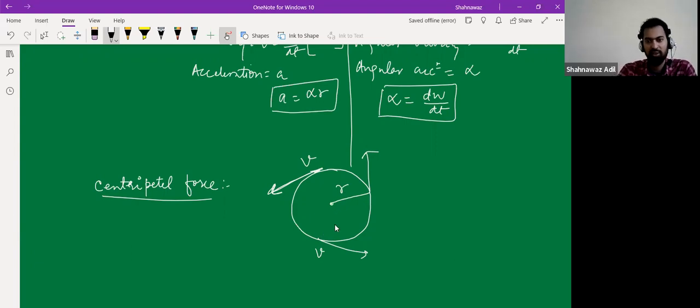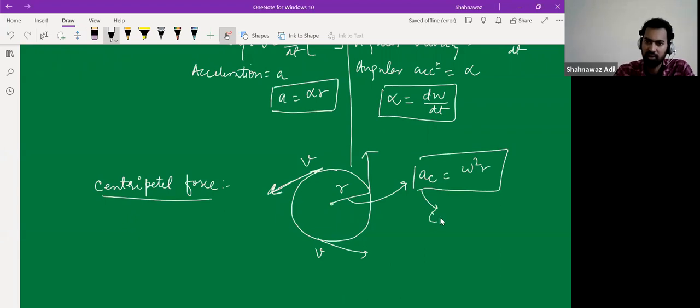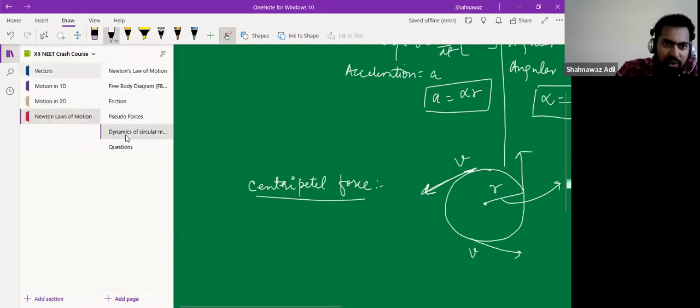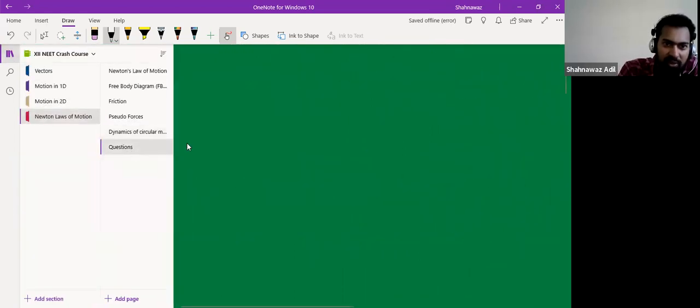That force was the centripetal force. This we did. Now let's do some questions based on this centripetal force.